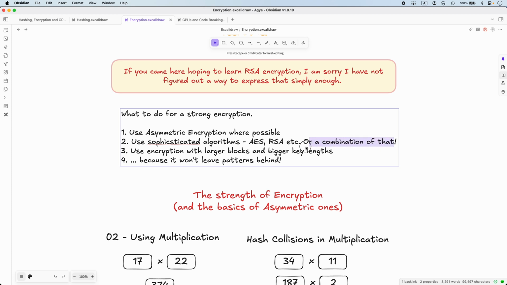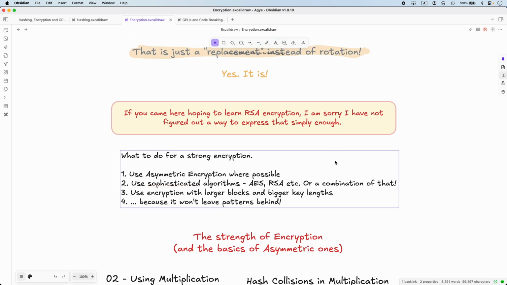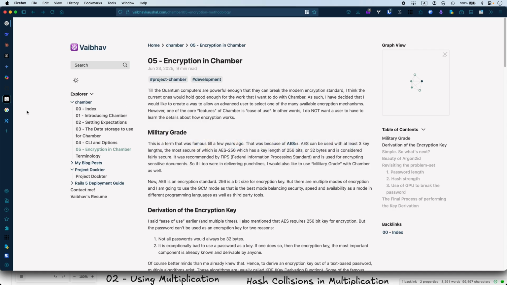There are multiple uses where this happens. Since RSA is very heavy on the CPU, people use AES, but they encrypt the key used for AES using RSA, with the public key, and send it out and so on, right? The third is to use encryption with larger blocks and bigger key lengths. I showed you, right? 256.